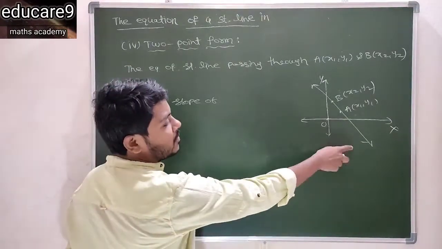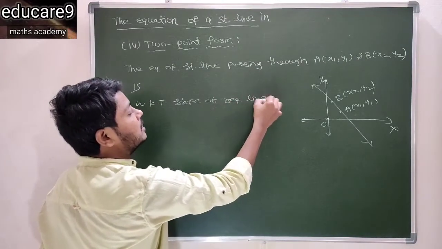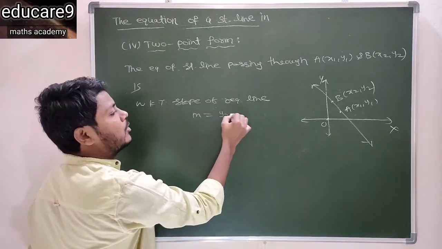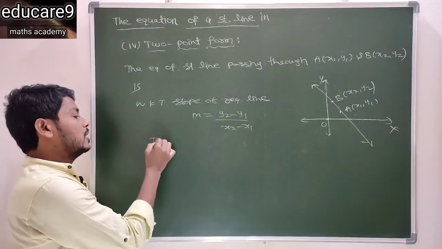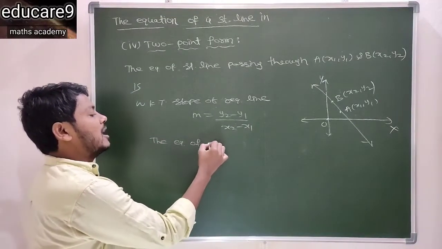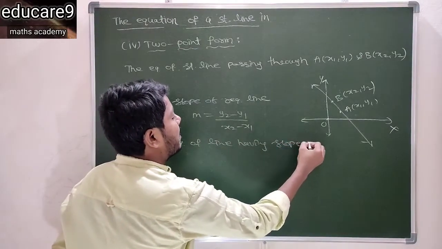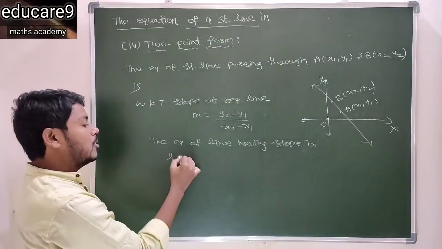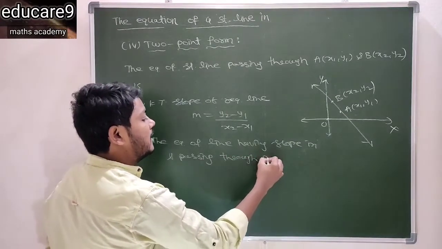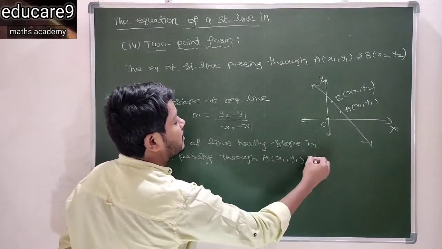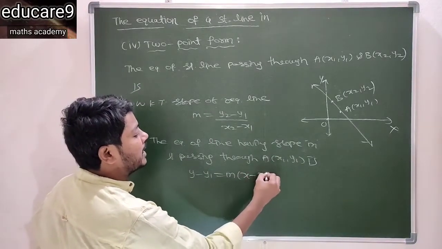So you know that the slope of AB is what? Slope of this line only, no? So the slope of the required line is m is equal to (y2 minus y1) by (x2 minus x1). So therefore you know that the equation of a line having slope m and passing through the point A(x1, y1) is y minus y1 is equal to m into (x minus x1).